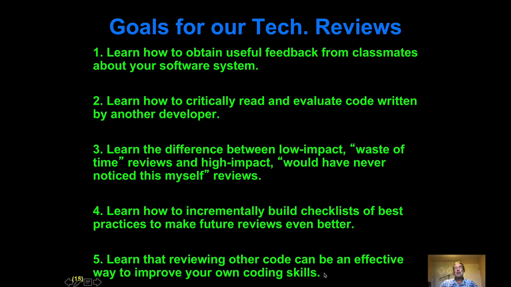So one of the outcomes is to not just find errors in the code, but in a sense, find errors in your checklists. Find things in the checklist that can be improved. And then finally, get better as a developer.